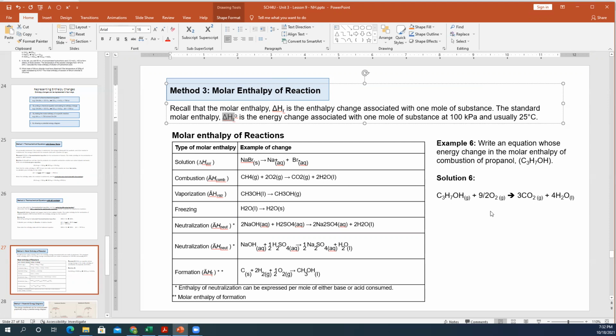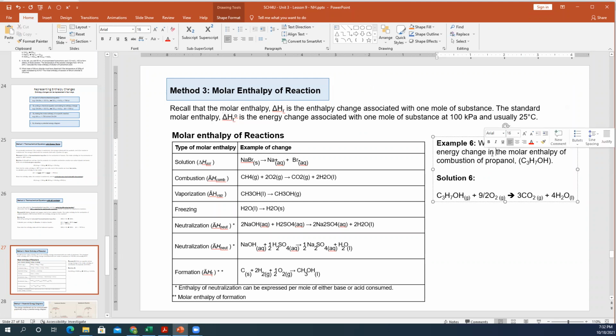So for example, you might be asked to write an equation whose energy change is the molar enthalpy of combustion of propanol.